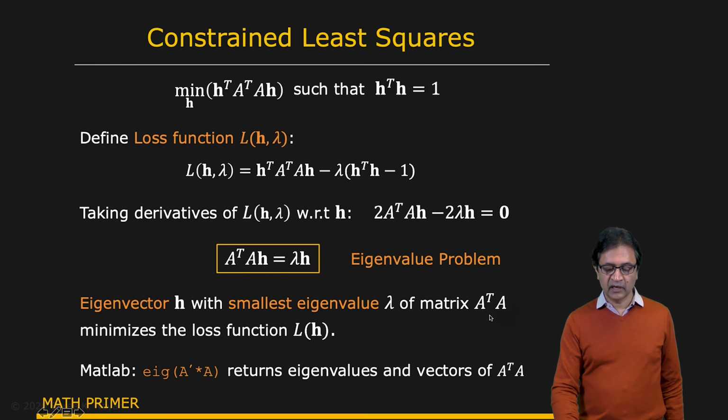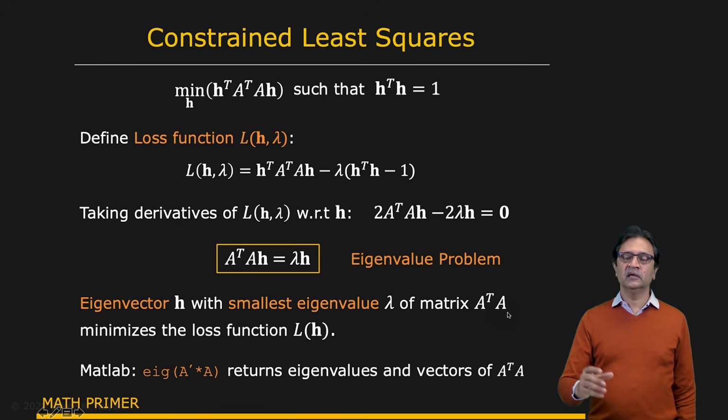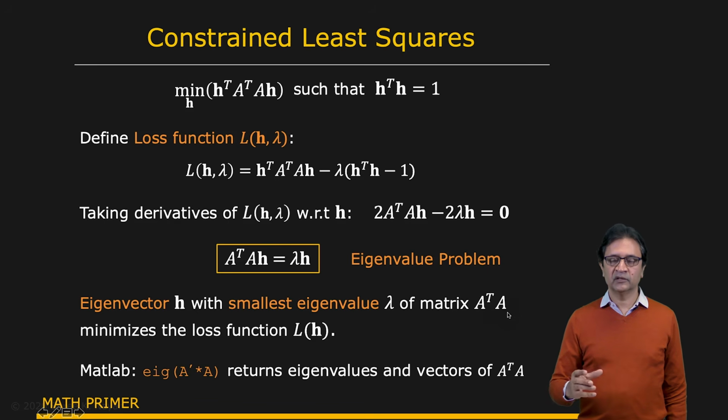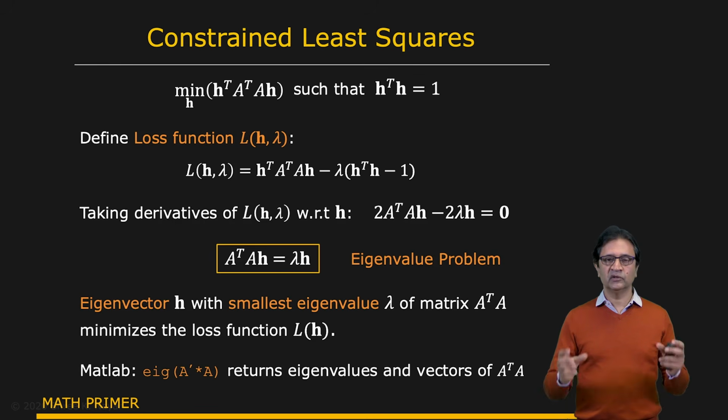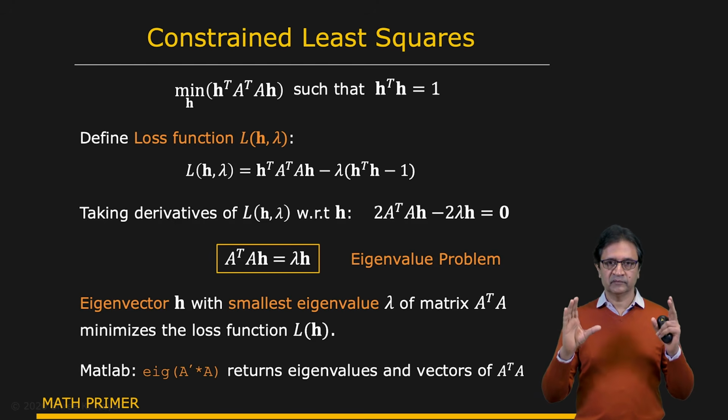Then you're going to take A transpose A, and you're going to find the eigenvalues and eigenvectors of that matrix. And the eigenvector that gives you the smallest eigenvalue is the H that we are looking for. You rearrange the elements of the vector H and you get your homography matrix. You're done.